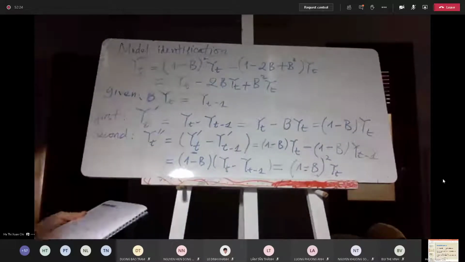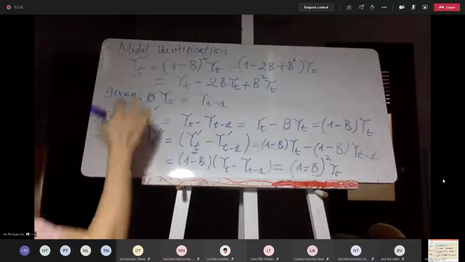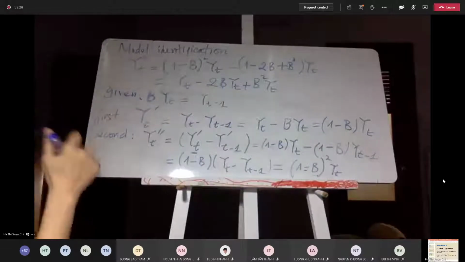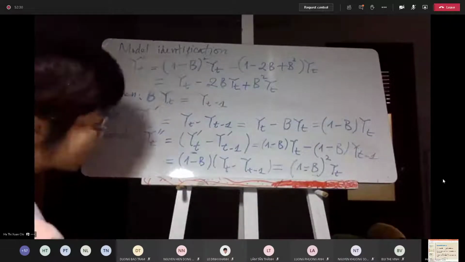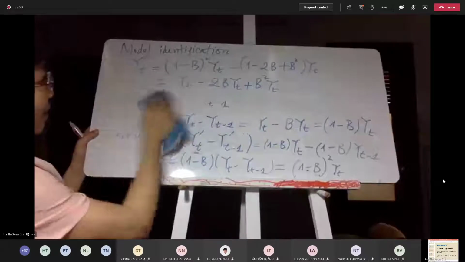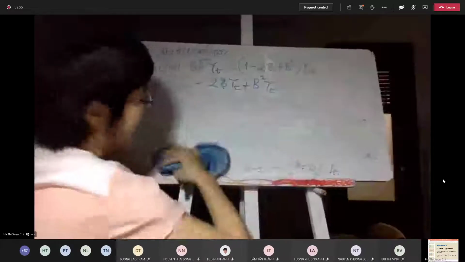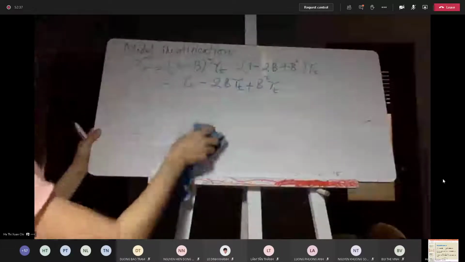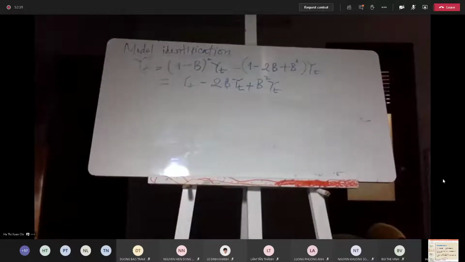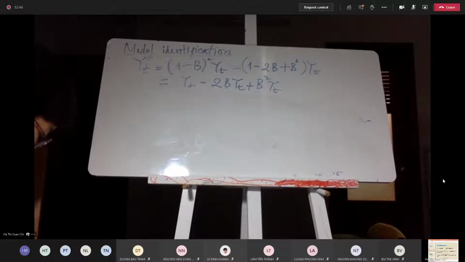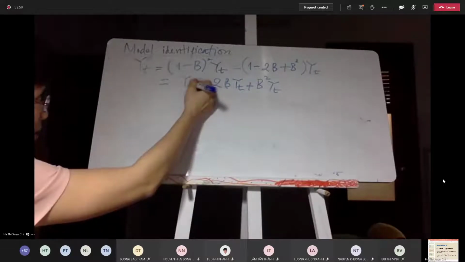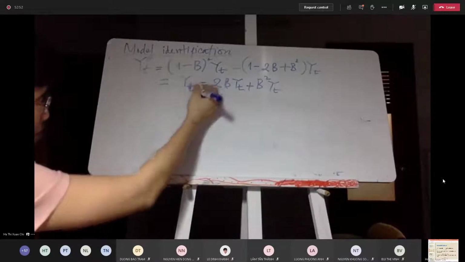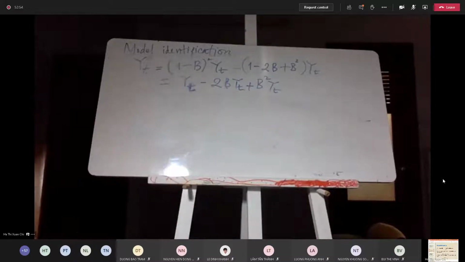Okay, that is how to find the second one. This is very general. For example, here in the second level, but what about the fourth level? In practice, we just start with the second.